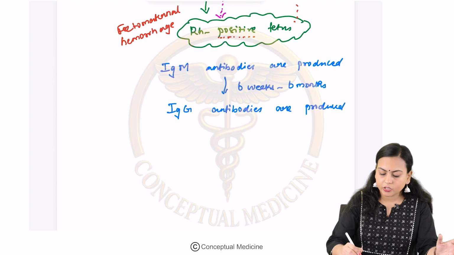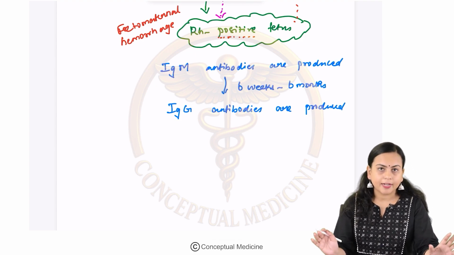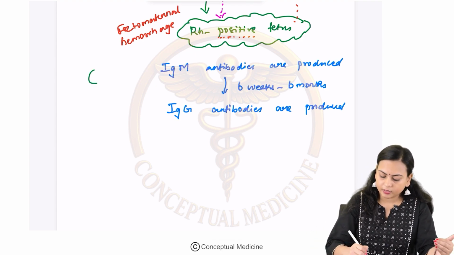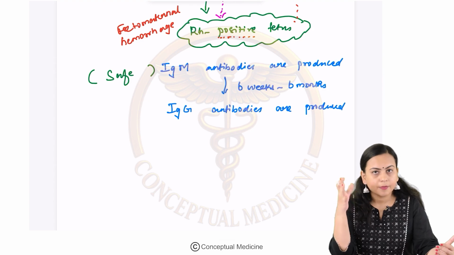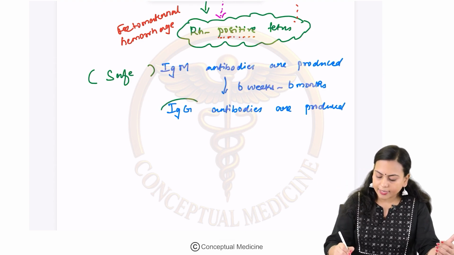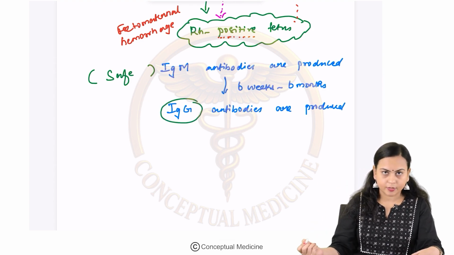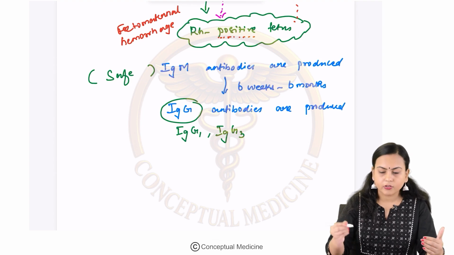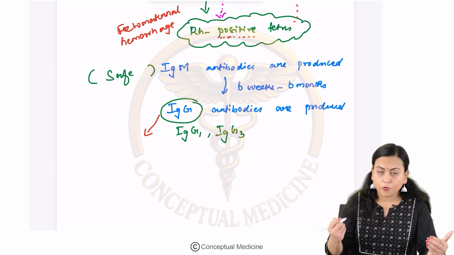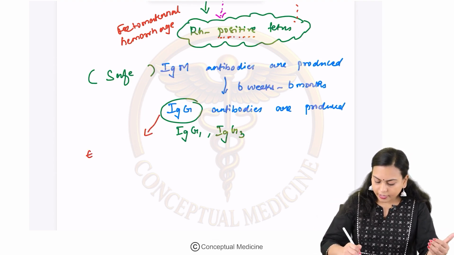So initially, when the IgM antibodies are there, the condition will be somewhat safe, because IgM antibodies are not going to cross the placental barrier. But we know the IgG antibodies are going to cross the placental barrier, and especially it is IgG1 and IgG3. These are going to cross the placental barrier and target the fetal antigens.